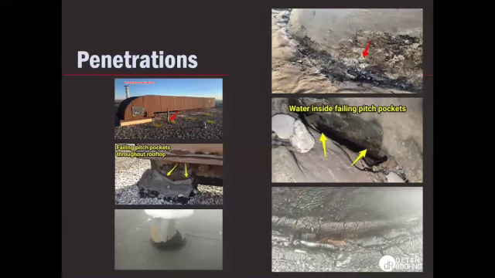Here are a few different examples of penetrations, again on an inverted roof system. The damage that's occurring, you're not going to be able to see unless you're exposing the area. For this particular investigation, we had to open up a very wide area to investigate all the different penetrations.